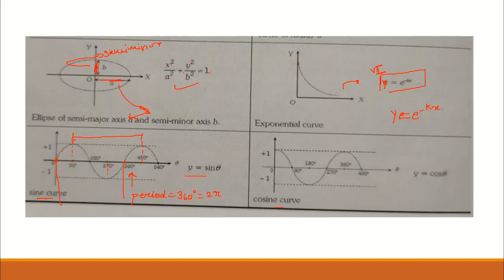The sine function, y is equal to sin x, has the minimum value of -1 and the maximum value of +1. So it will oscillate between -1 and +1. The graph is also known as sinusoidal.